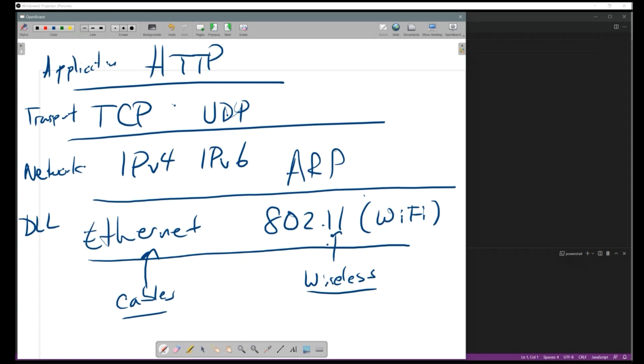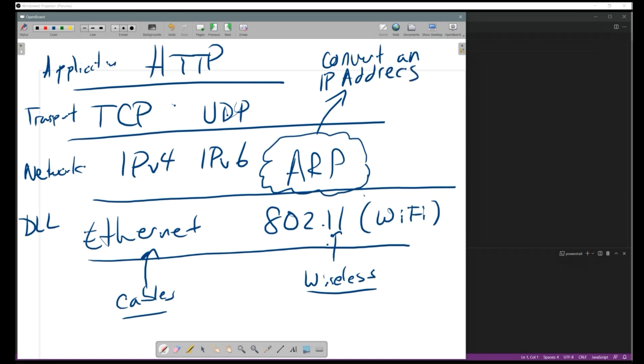Now, this rigid bucketing system where we place certain protocols into specific layers is not always ideal. There are certain protocols like ARP. We'll talk more about ARP when we get to the network layer, but ARP's job is to convert an IP address, which is on the network layer, to a MAC address, and vice versa, which is on the data link layer.